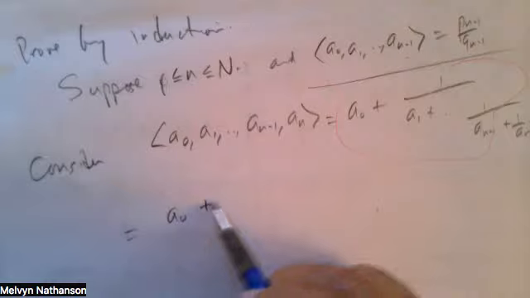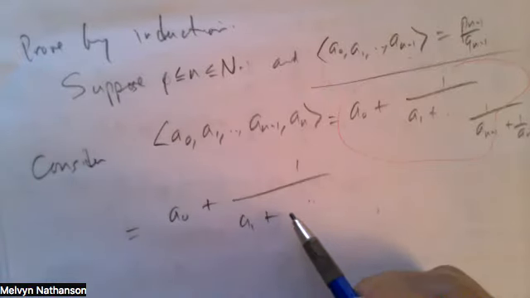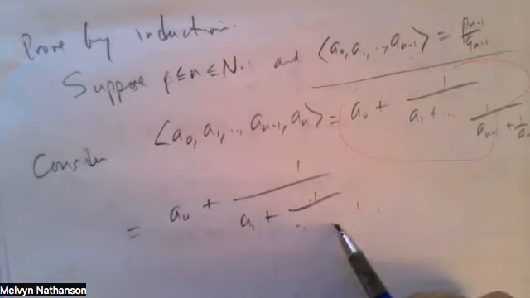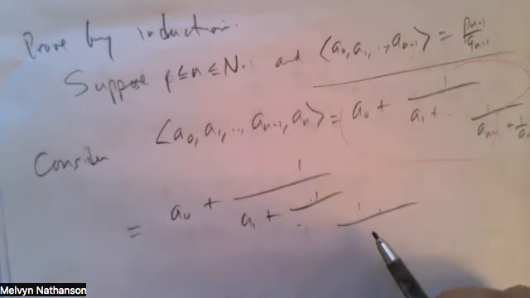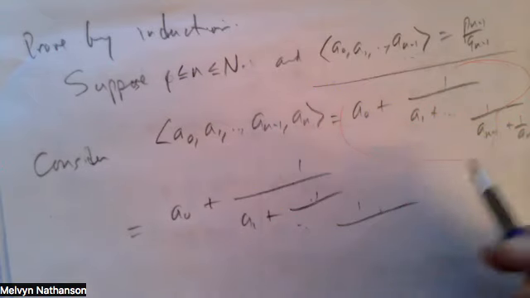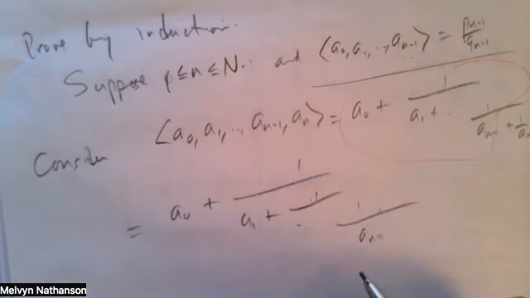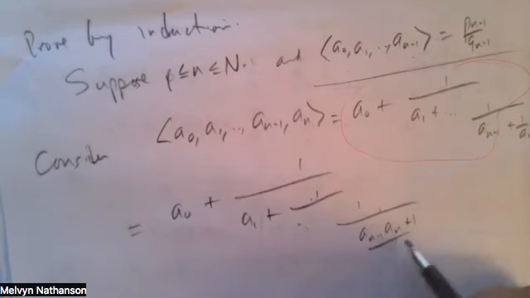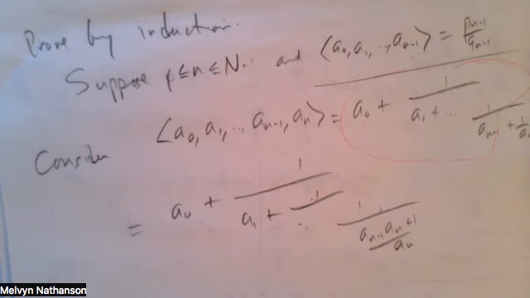But this expression is the same as a0 plus 1 over a1 plus 1 over, and now it goes down to 1 over, and what is this? If I just add these two fractions, this is an minus 1, an plus 1 over an. So, let's see.